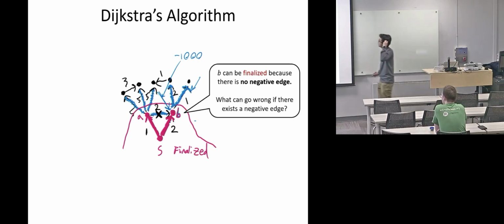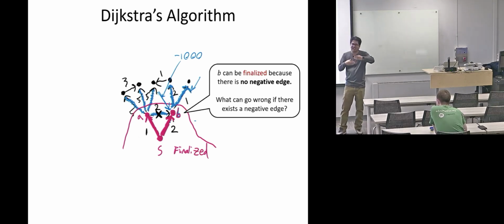So this one is already kind of finalized and we say that the distance is 2, but at some point you have a shorter path, and so it cannot be finalized. Because there is no negative length in real life, right?